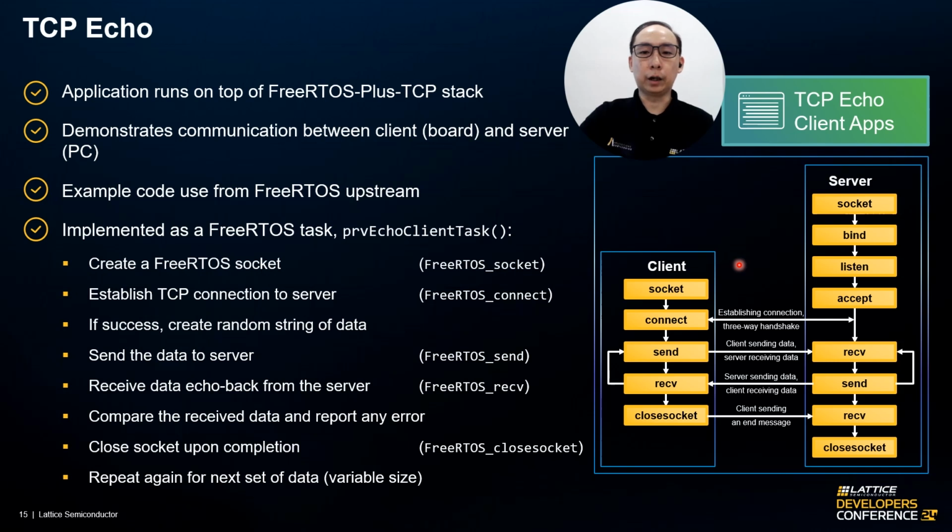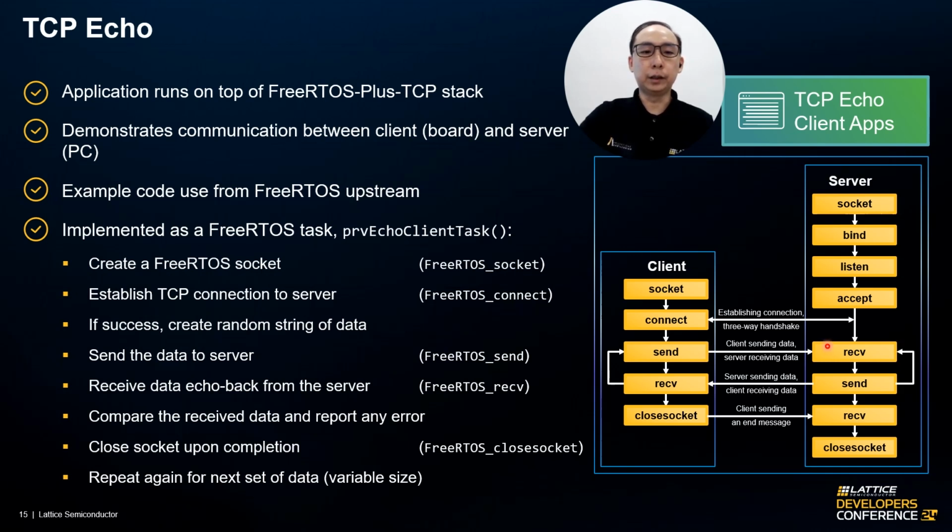By referring to the diagram here, the task starts by creating a FreeRTOS socket using the API provided by the network stack, and then it establishes a TCP connection to the server by performing a three-way handshake. If the connection is successful, the task will create a random string of data and then send the data over TCP to the server.